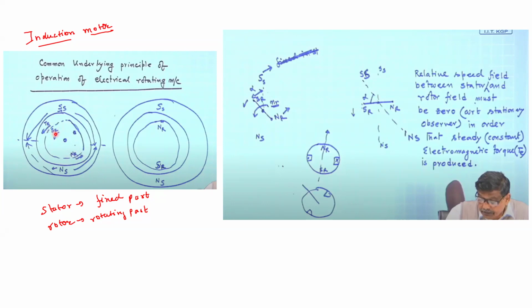Now, due to the magnetic principle, the south pole of the rotor will get attracted towards the north pole of the stator, and the north pole of the rotor will get attracted toward the south pole of the stator. In this way the machine will experience a torque in this direction.